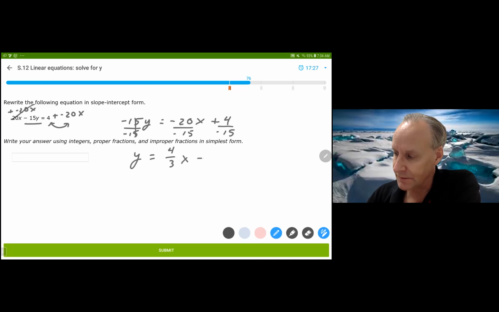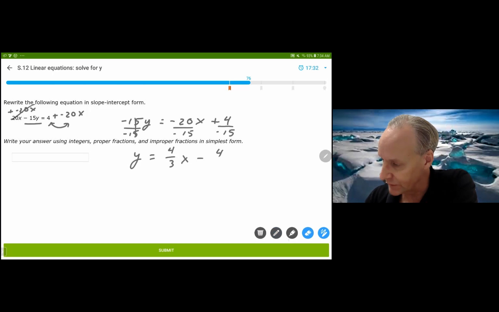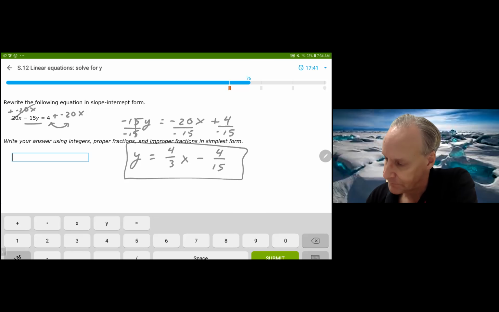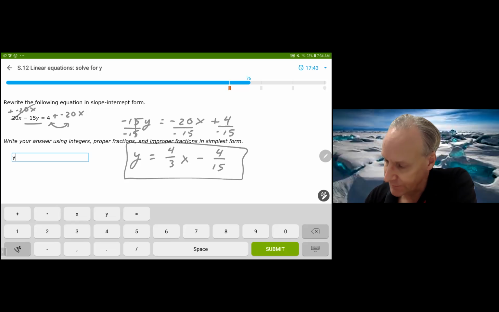And my minus 4 over 15, I prefer to write it with a straightforward division line. The reason is because it's less ambiguous, but I can put it into the answer bar this way: 4 over 3 x space minus space 4 over 15. Don't want to forget to space it out.